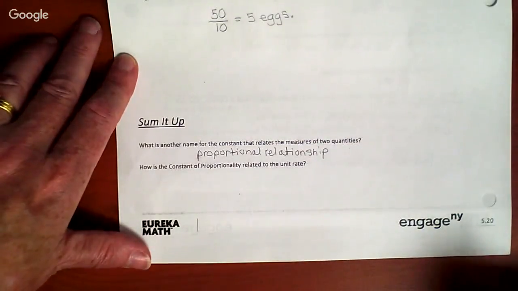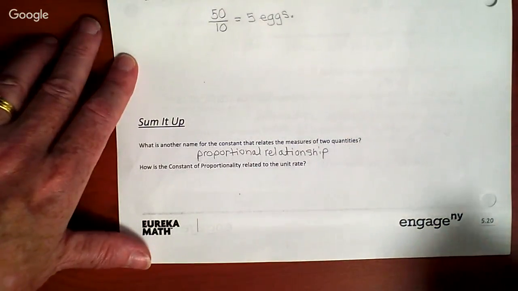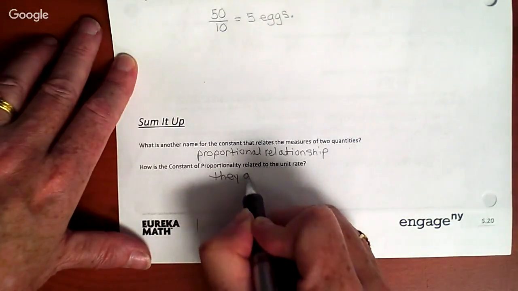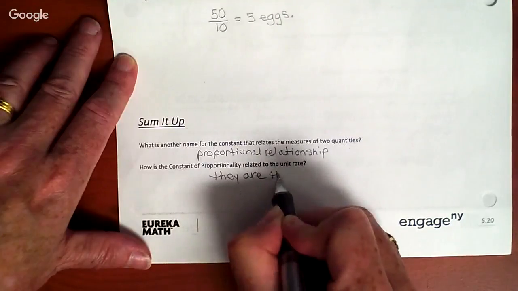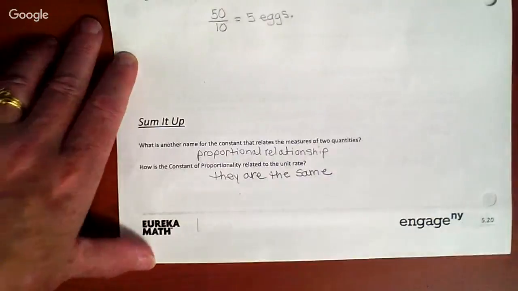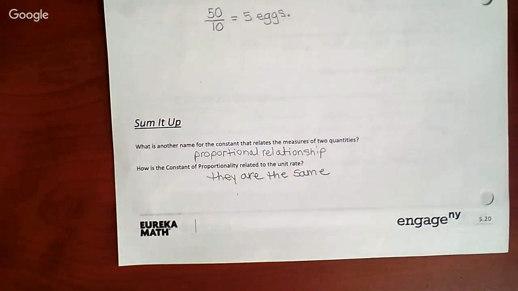How is the constant of proportionality related to the unit rate? They are the same. And that's the end of the lesson.